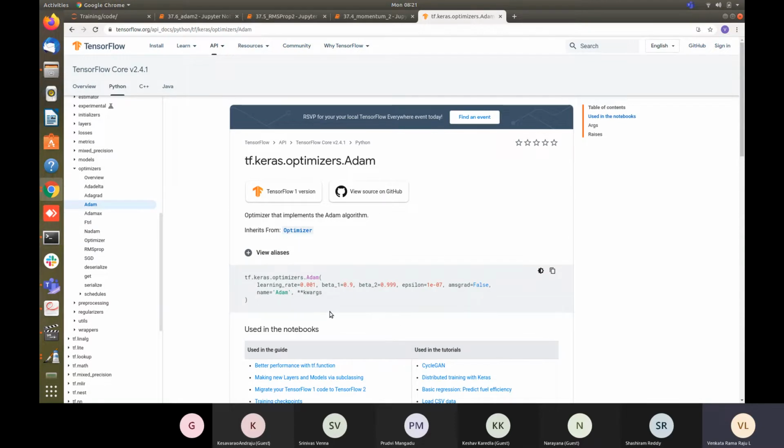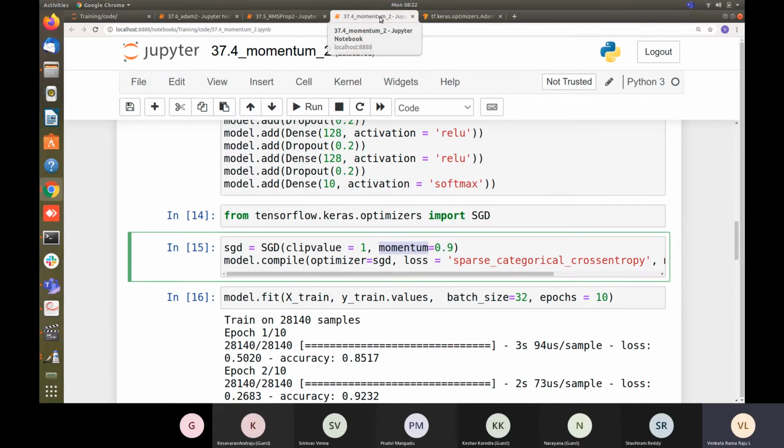The API changed a little bit, and that's where I got confused. But you got the concept, right? Can I move on? I'll explain what clip value is in a moment.